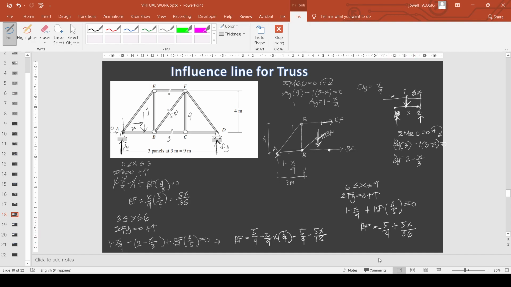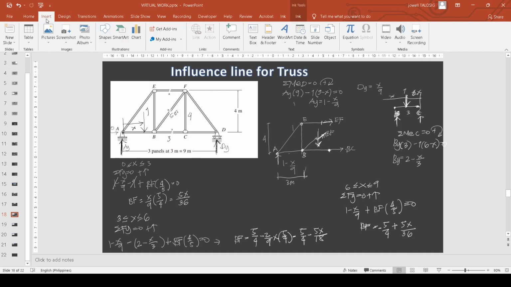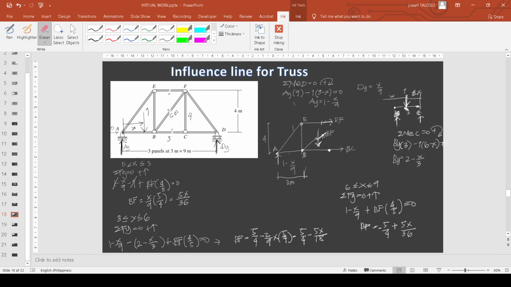Okay? This is the equation that we're going to use to draw for the diagram or for the influence line. Okay? Using that one, we're going to draw it here. So let's insert that, a line here. Ulit natin. So may line tayo dito. So let me write it. Okay, in this part.